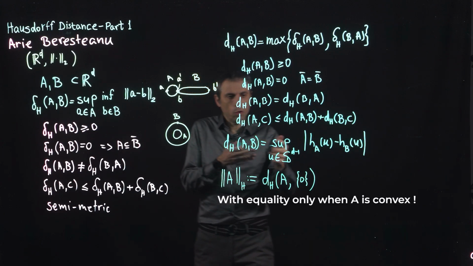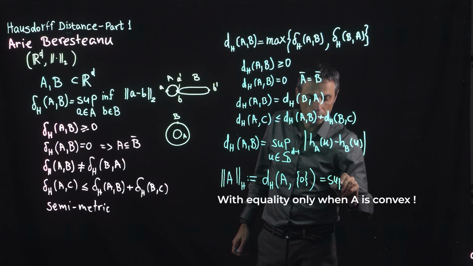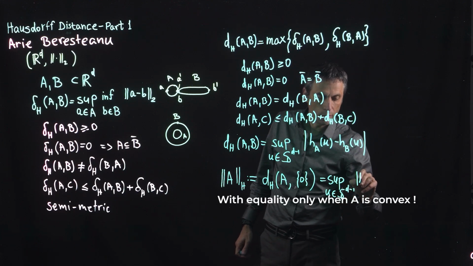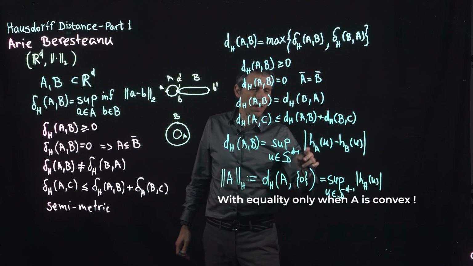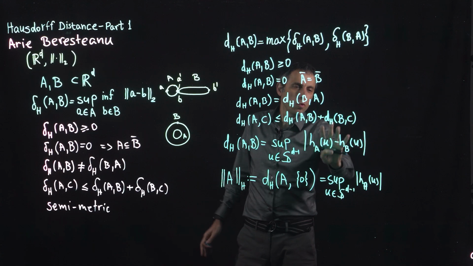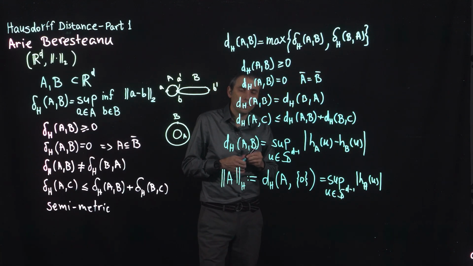We can write it equivalently as the supremum over the unit sphere S^(d-1) of the support function h of A. This is because the support function of the origin is 0 all the time, so it's the same result.